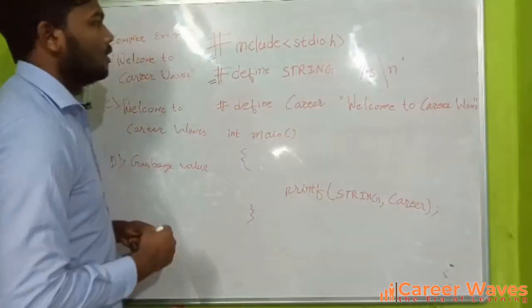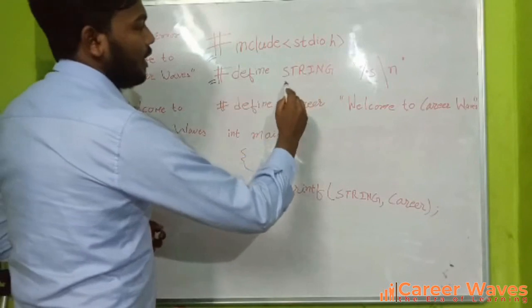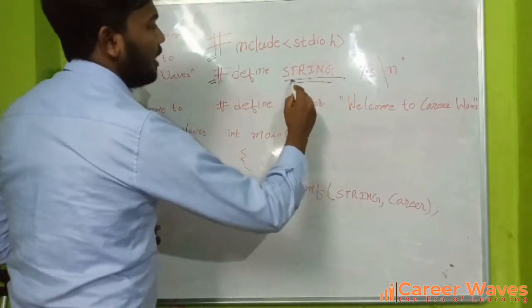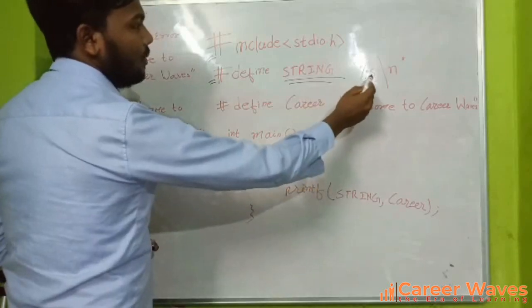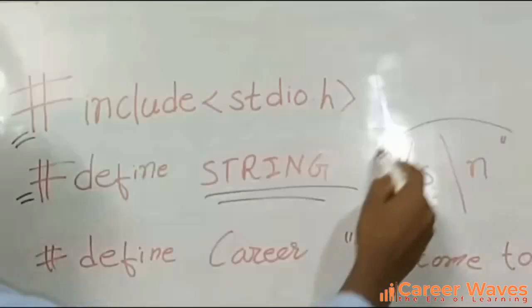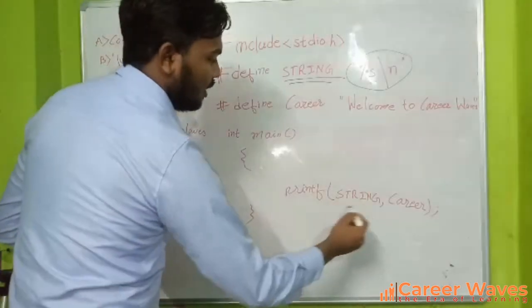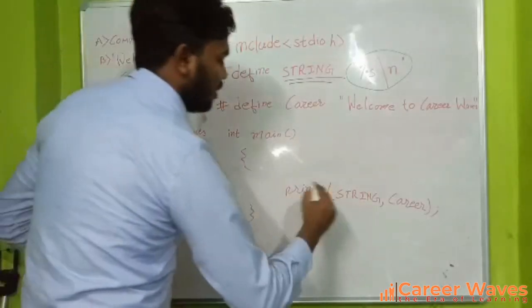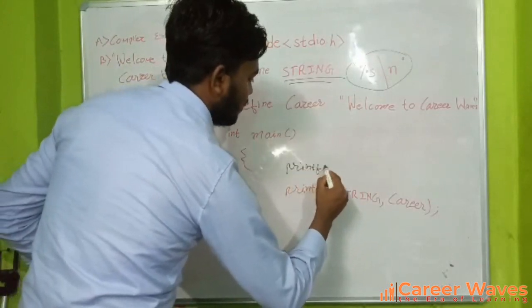This code. So again the preprocessor will read this line and try to resolve it. So #define string: wherever in the program string is written, it will be replaced with this line, that is %s. Let us resolve this. In place of this, let us write printf. It will be there itself, printf.